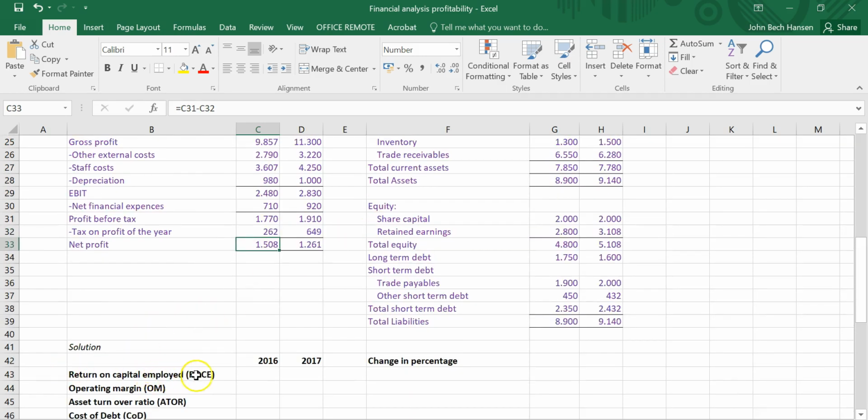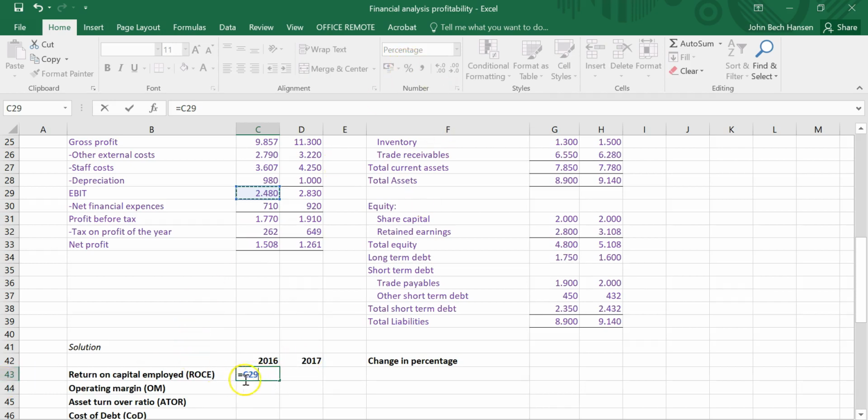And if we take the return on capital employed, I will just go up and get the EBIT, the earnings before interest and tax, in 2016, and here I have already made this cell C43 a percentage cell.